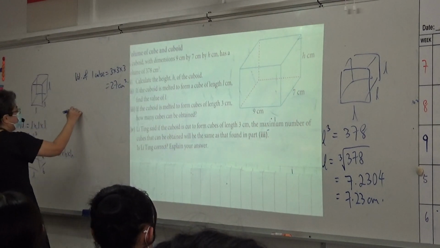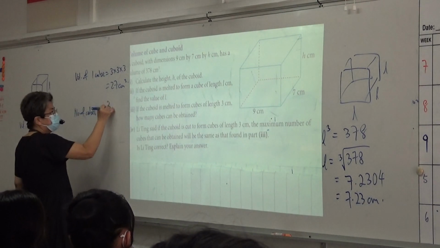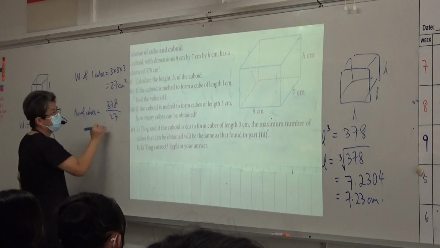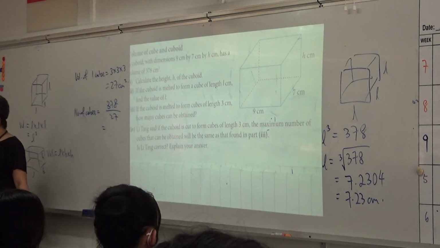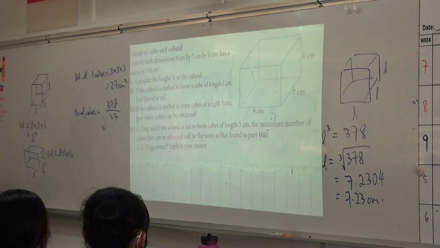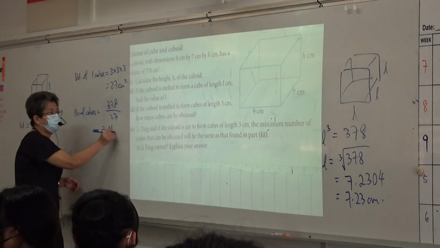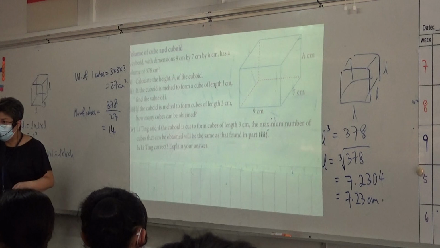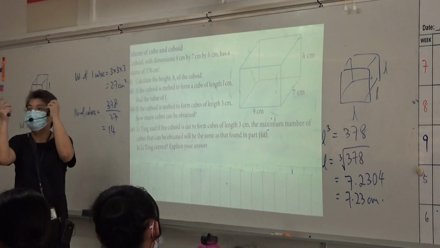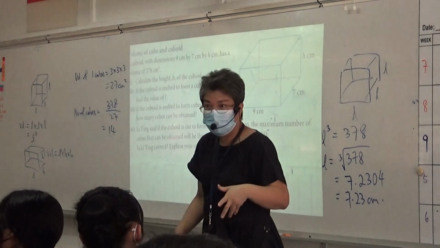Number of cubes I will get will be 378 divided by 27. Is this correct? What's 378 divided by 27? 14. Is it exactly 14? Yes. So this answer will be 14. Everybody clear? Yes or no? This is when you melt down the cuboid to give you cubes, then you get 14.